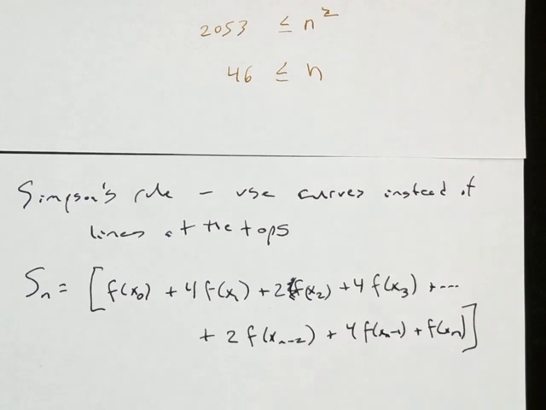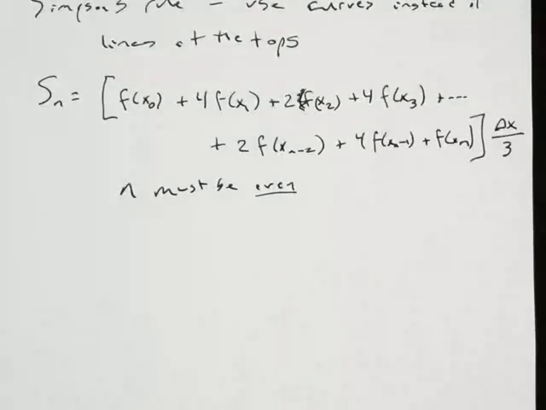So the delta x goes on the end here. But since I was doing this and hitting points more often and less often, I actually end up having to divide not by 2, but by 3. And in order to do this, n must be even. So I can do S10, but I can't do S9. I can do S8, can't do S9. Have to have an even number of divisions.